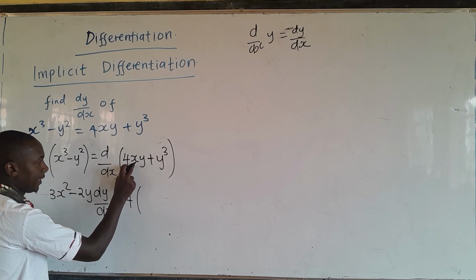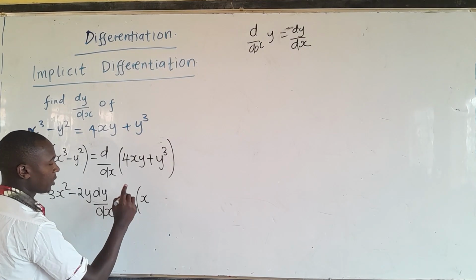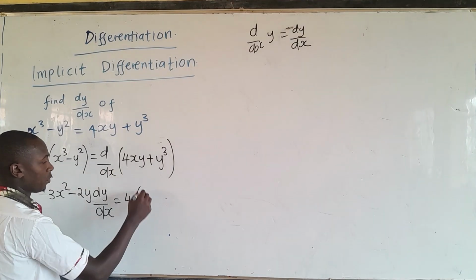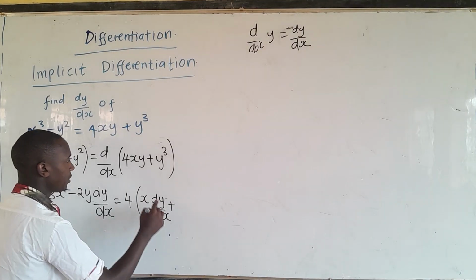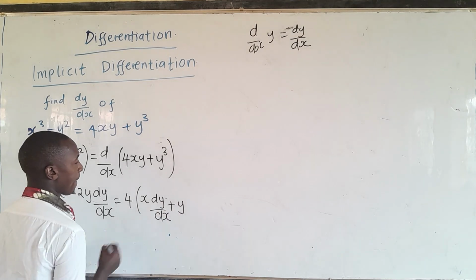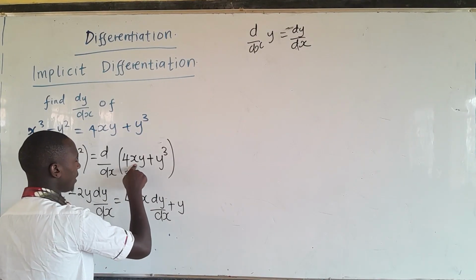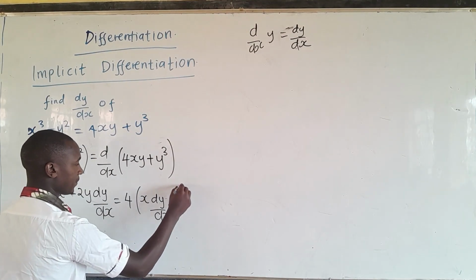We take the first one, which is x, multiply by the derivative of the second one, which is dy/dx. Then we add the second, y, multiplied by the derivative of the first, which is simply 1.